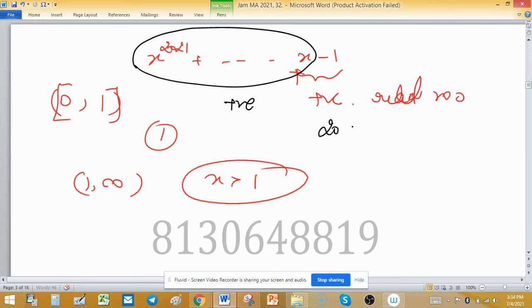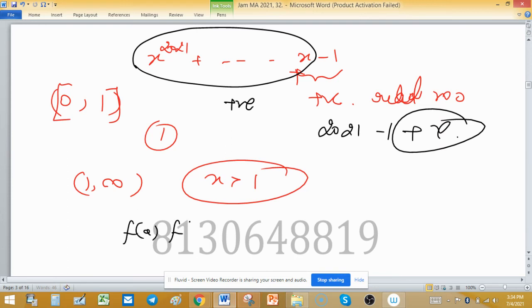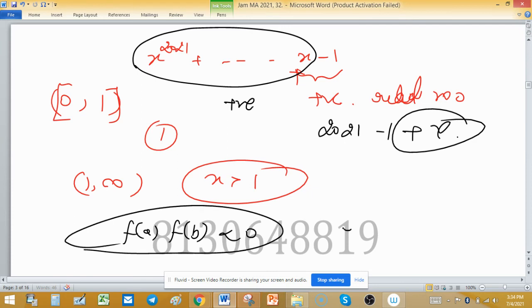It will be 2021 minus 1, so the entire value will be positive. So there is no point where f(a)f(b) is less than 0. So there is no real root in the interval 1 to infinity.